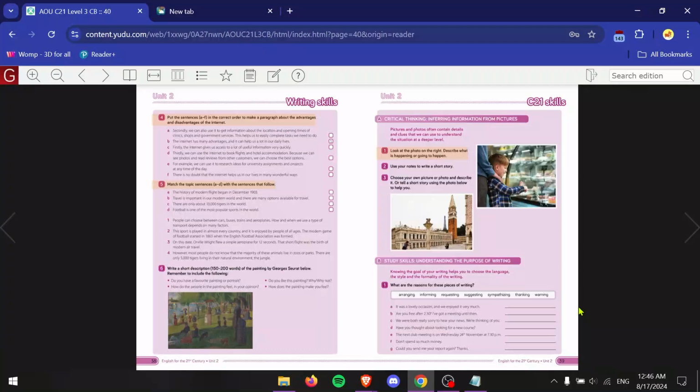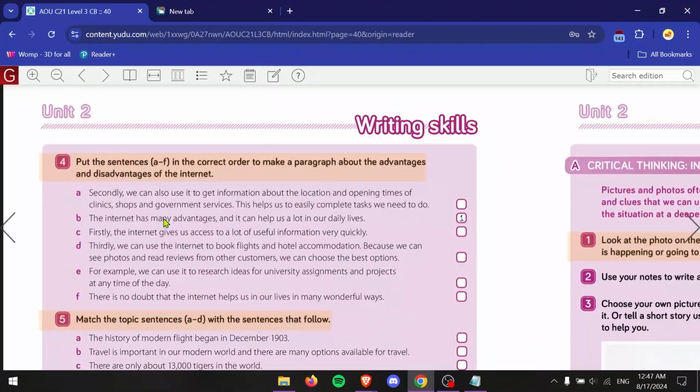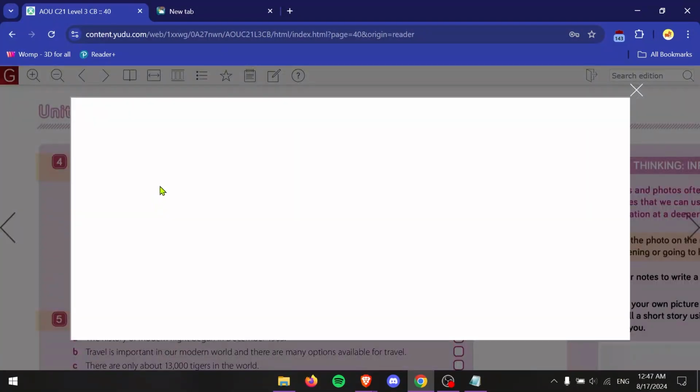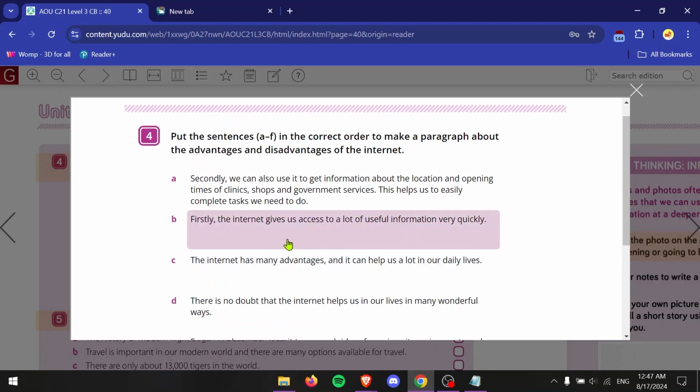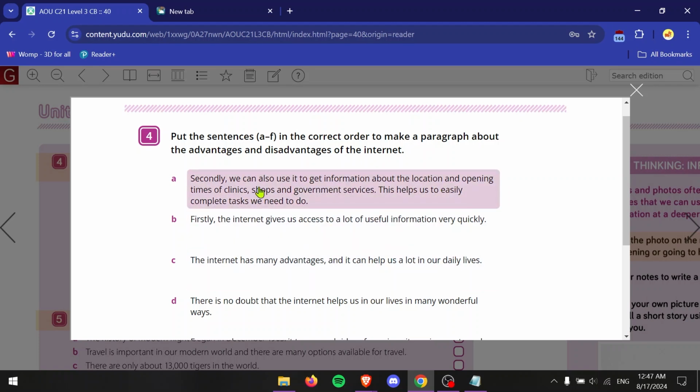Let's see. Yeah, we're gonna keep going here. Put the sentences in the correct order to make a paragraph about the advantages and disadvantages of the internet. Okay, so we want to put these in the correct order so that it becomes a full-on paragraph about the advantages and disadvantages of the internet.